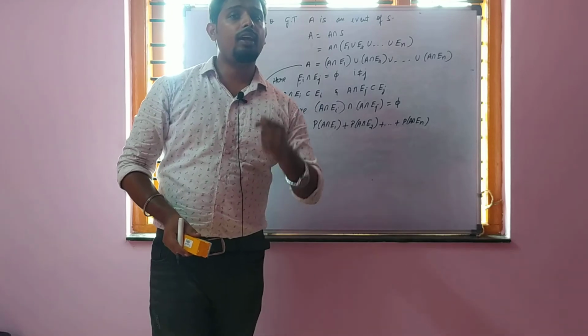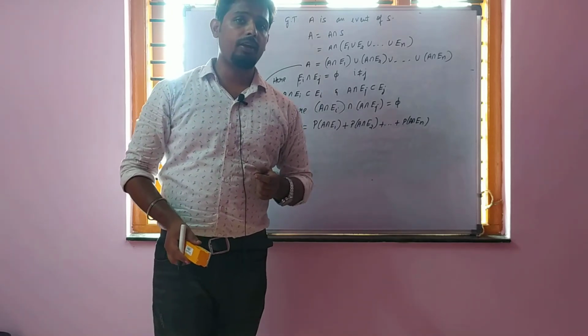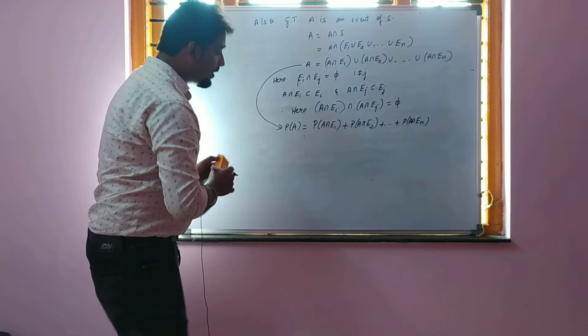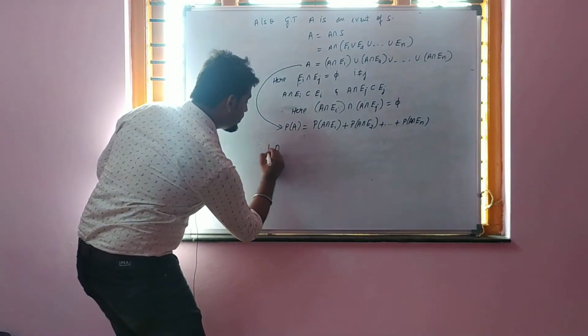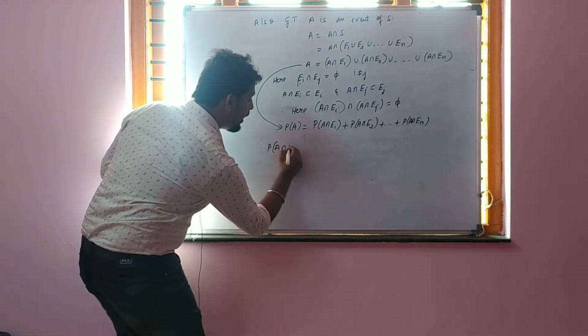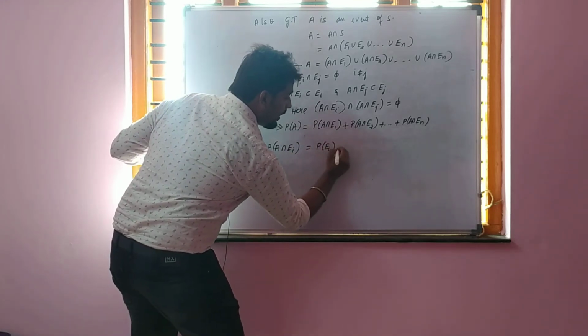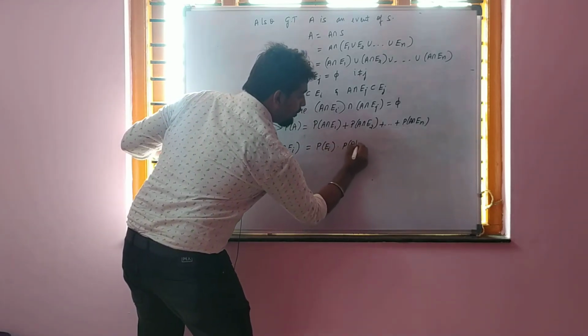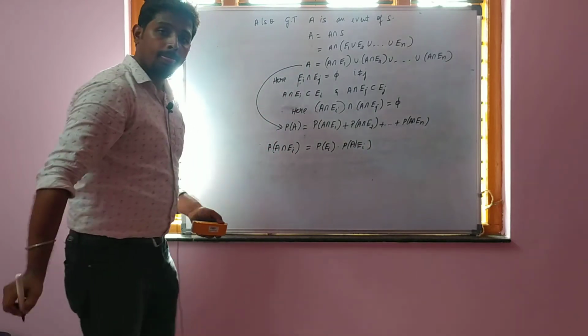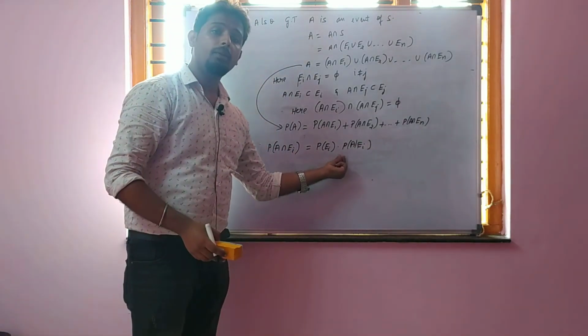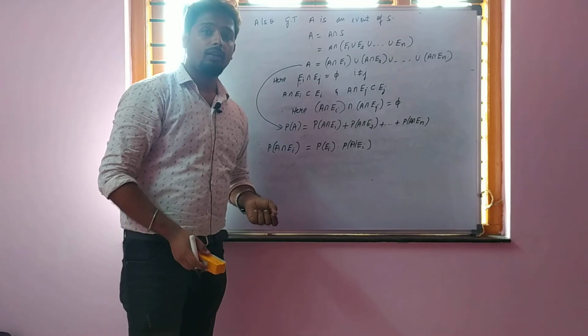Assuming that you know it, what does it state? It states that P of A intersection EI equals P of EI into P of A bar EI. Got it? So this is the multiplication theorem of probability.